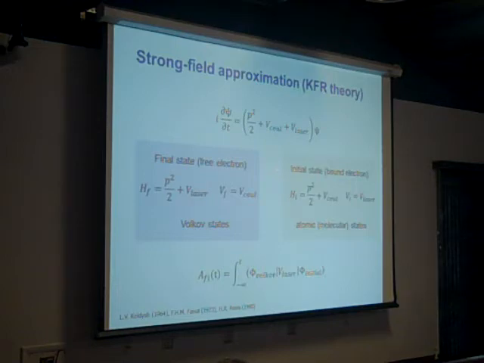Now you can do something very similar to what we have done before in perturbation theory. We use this one as the initial state and the Volkov states as the final states, and write down the transition amplitude. Actually, you can derive this correctly; look for example in the work of Howard Reiss.